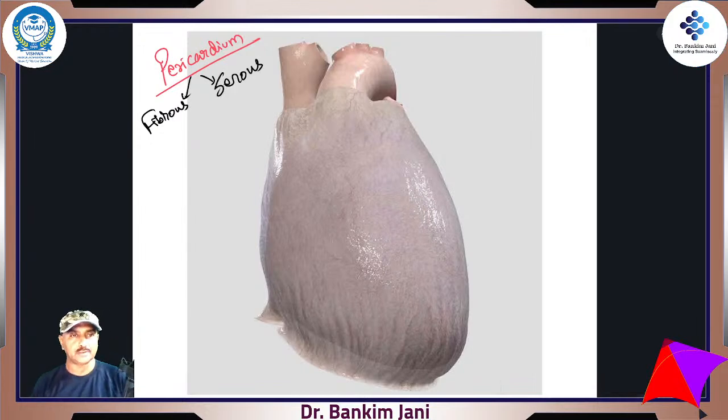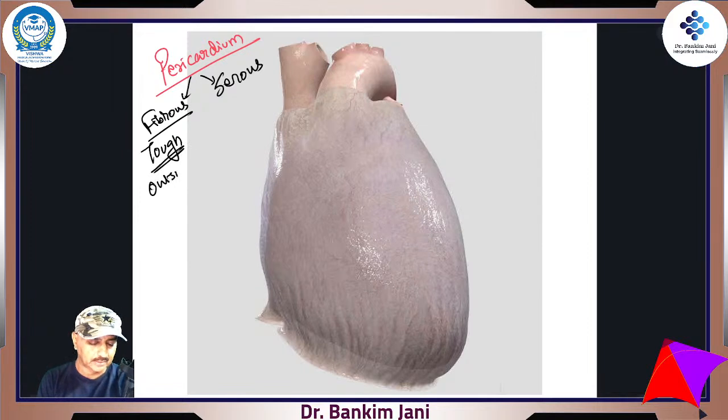Now, this fibrous layer is tough. Anything tough has to be outside. Yes, this is outside, the outermost. When it comes to the serous pericardium, serous is the part related to the organ, right? It is again divided into two parts, like the parietal pleura and the visceral pleura.